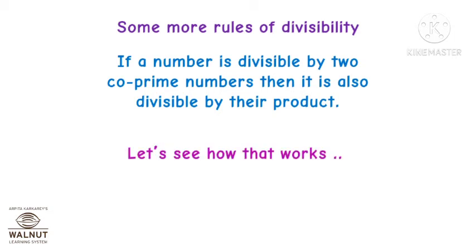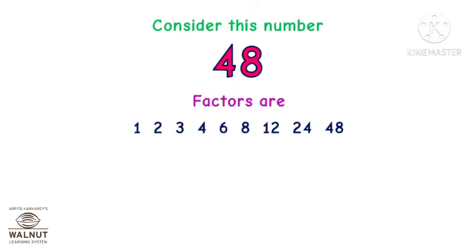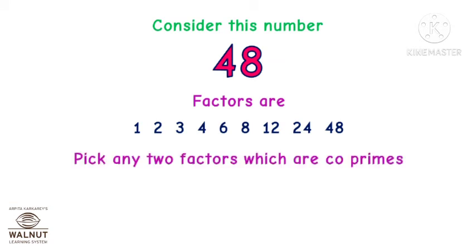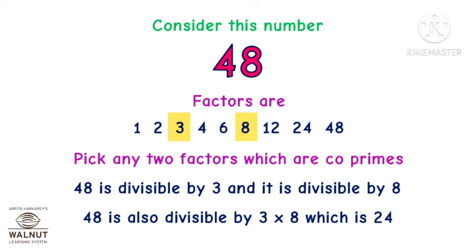Let's see how that works. Consider this number 48. Factors are 1, 2, 3, 4, 6, 8, 12, 24, 48. Pick any two factors which are co-primes. 3, 8. 48 is divisible by 3 and it is divisible by 8. 48 is also divisible by 3 into 8, which is 24.